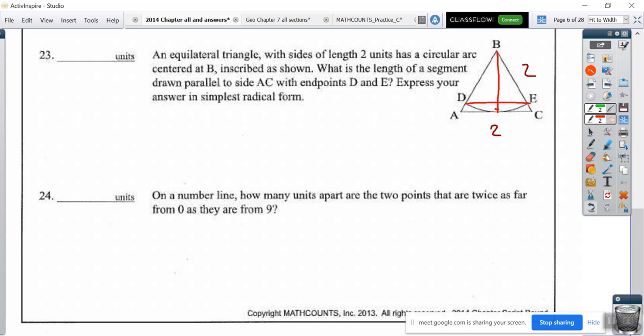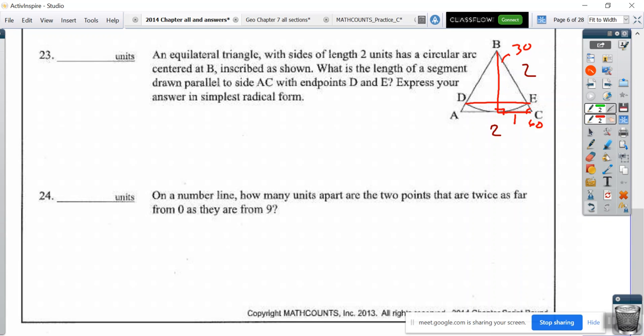I saw that a vertical line makes a 60-30 right triangle because it started as an equilateral triangle. Since the base of the triangle is 2, the base of the smaller triangle is going to be 1 because it's half.